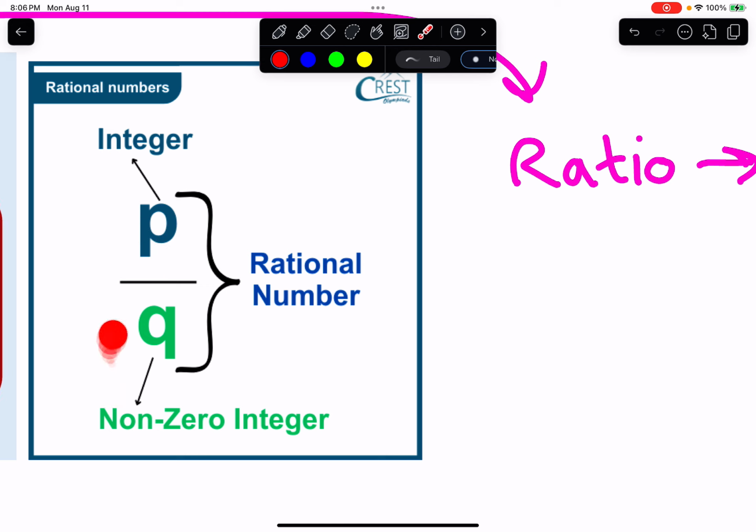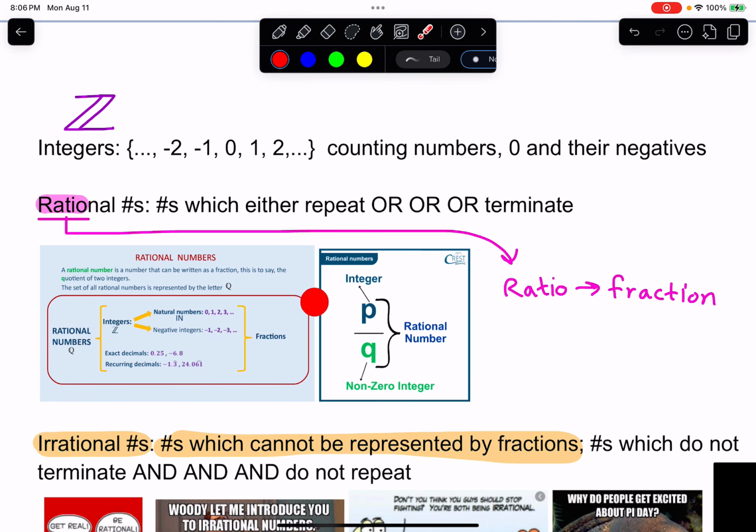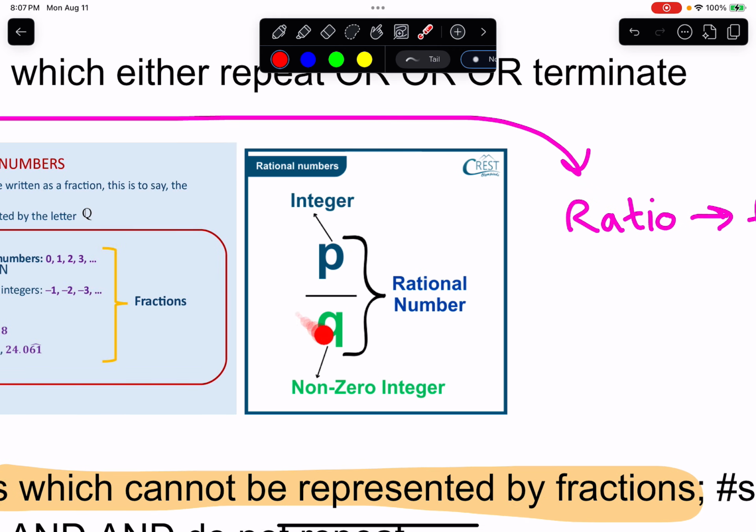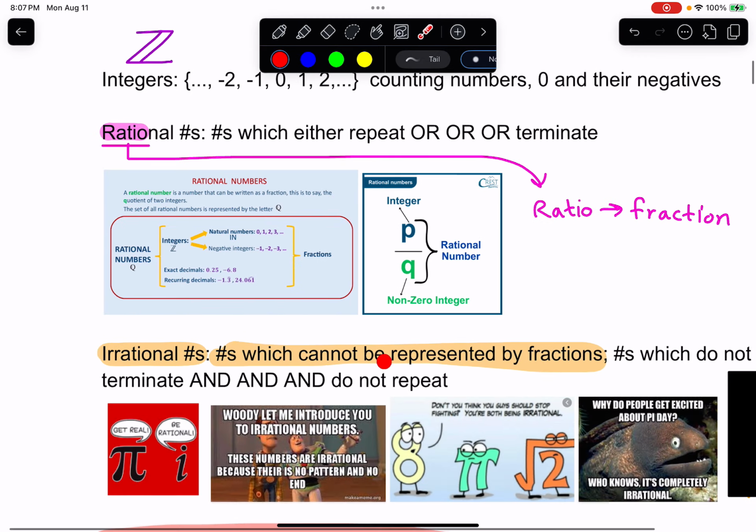As long as the denominator is not 0, this becomes a rational number. This can look like a lot of things: 7 over negative 9, 5 over 3, 6 over 1 million, and we could reduce that. Rational numbers are what we get when we divide two integers, again, as long as the denominator is not 0.